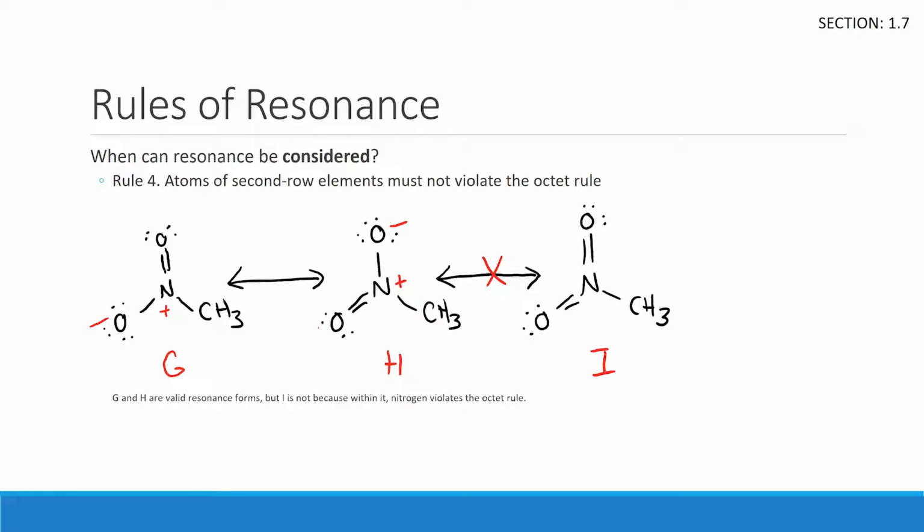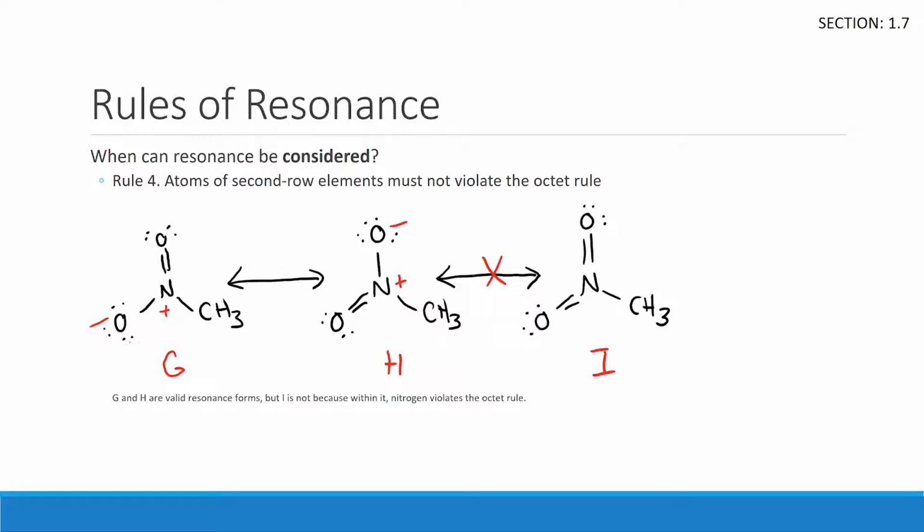G and H are resonance structures, and you can see that the movement of electrons goes from this double bond here and then on to form a double bond here. This would be the ultimate movement of electrons. Excuse me, I actually moved these wrong.